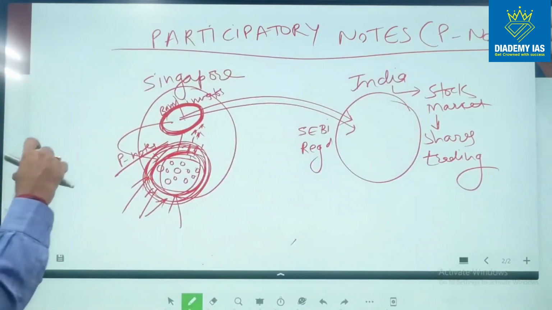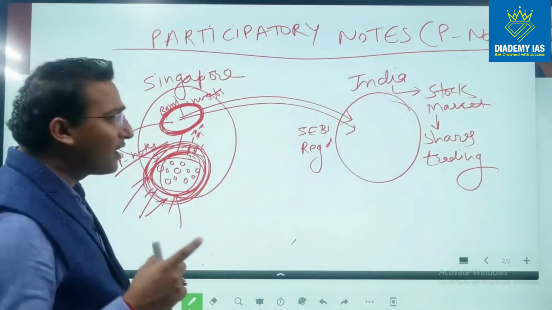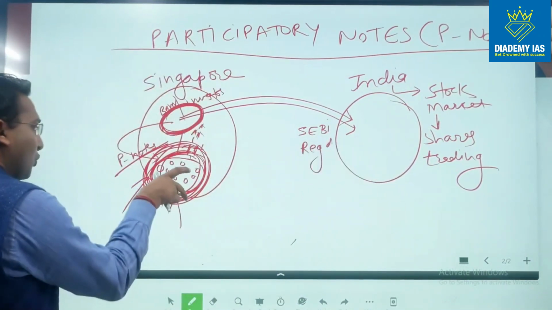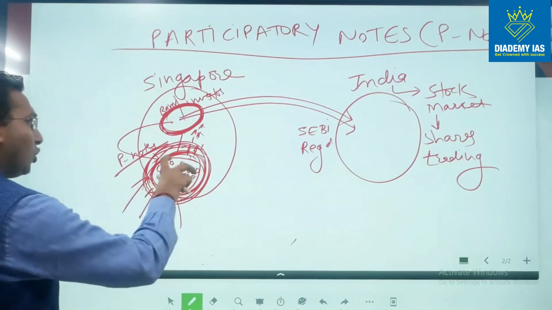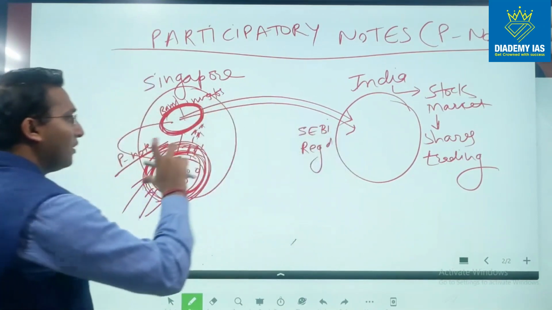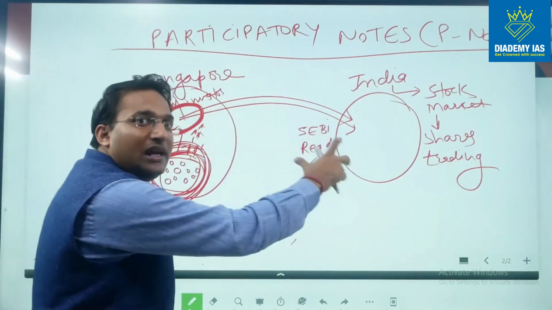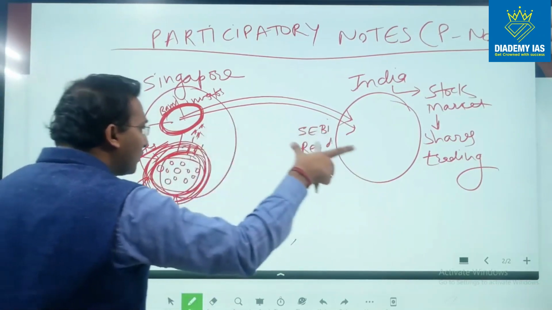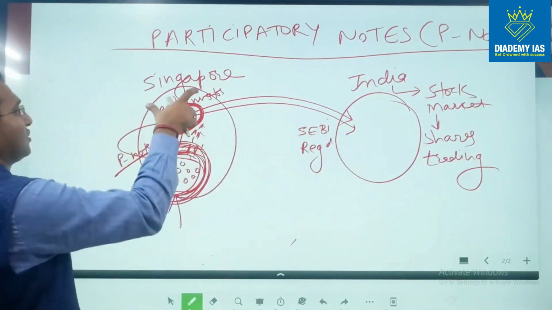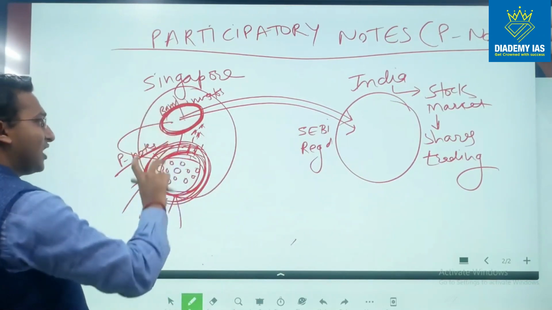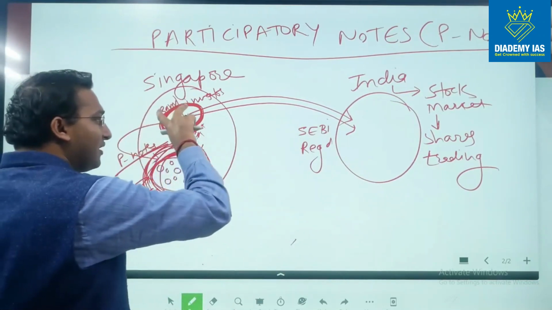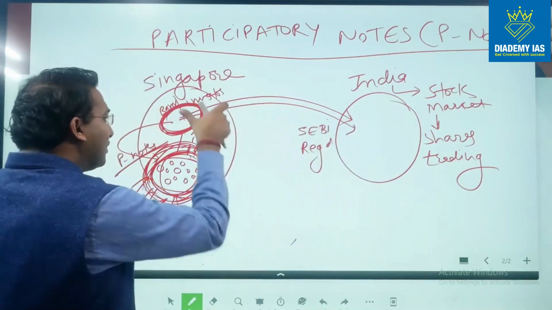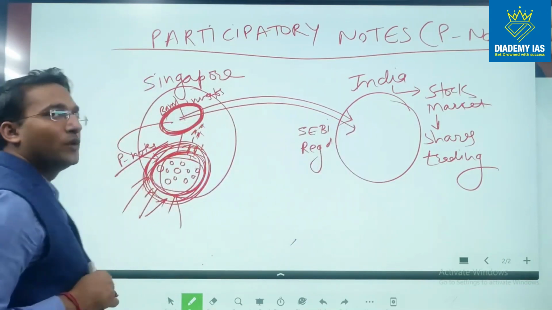Just to recap the entire discussion so far, this is India's stock market. These are the small foreign investors. They want to invest into India's stock market, but if they go to invest individually, there are a lot of formalities they need to go through. So rather than going directly into India's market, they go to a big investor, and the big investor takes money from them. The big investor invests into India, registers itself, and issues a participatory note to the small investor.